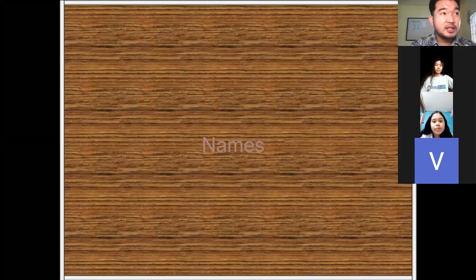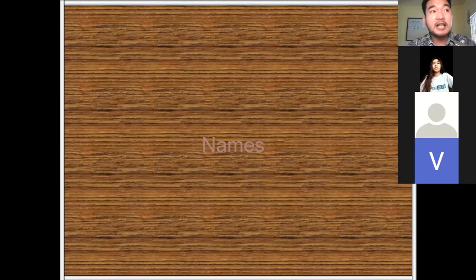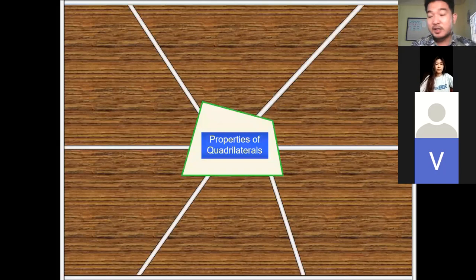Pero that's not true because hindi porke apat ang side ng isang plane figure ay square na siya. Yung square ay isang uri lang ng plane figure with four sides. But in fact, to be general, ang isang polygon na may four sides, ang tawag natin sa kanya ay quadrilaterals. Okay? So quadrilateral is a plane figure or a polygon with four sides.